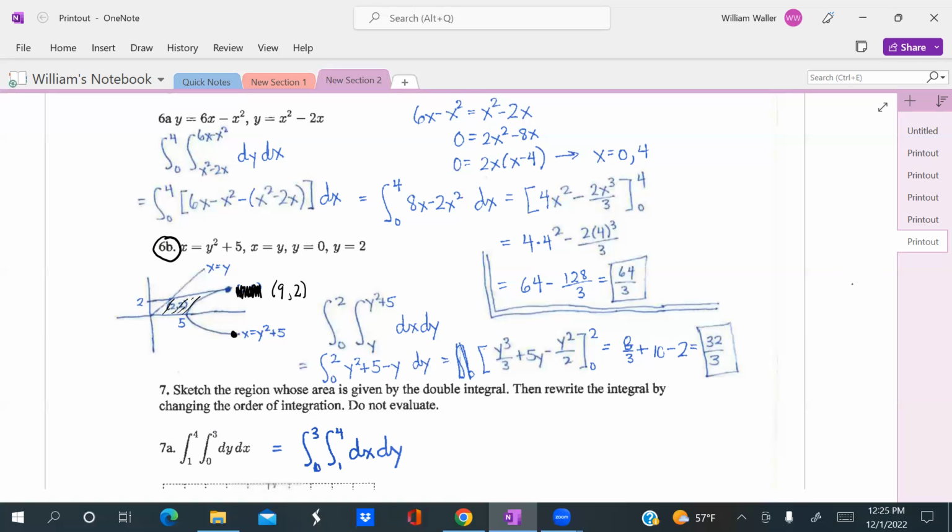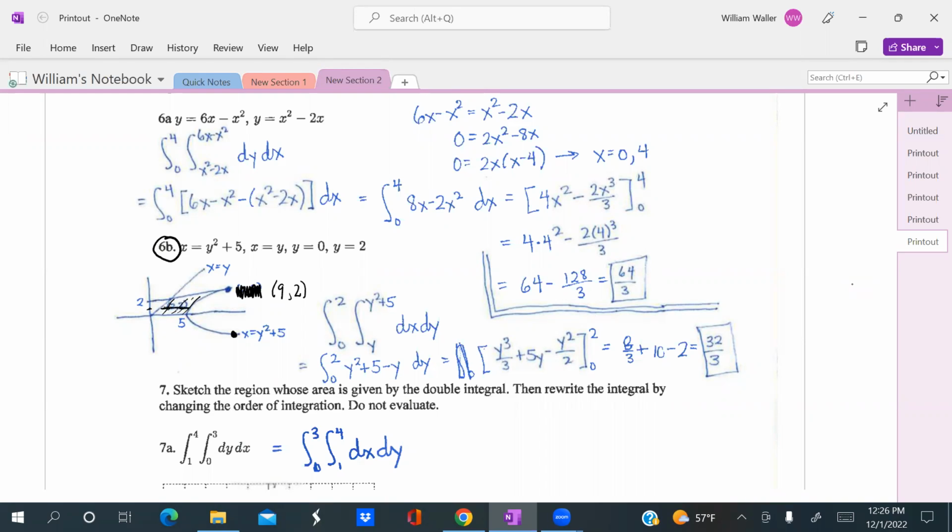That means then that the convenient order of integration is going to be first with respect to x and then with respect to y, right? Fix a y value first, and figure out what the limits for x are going to be when you fix that y value.